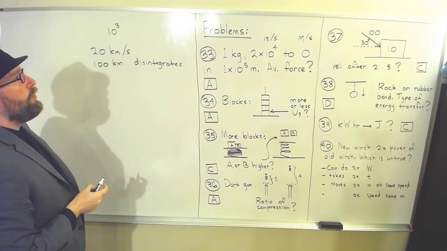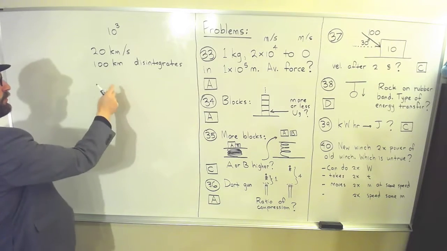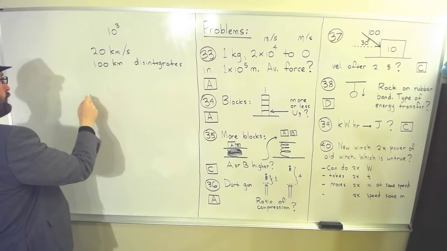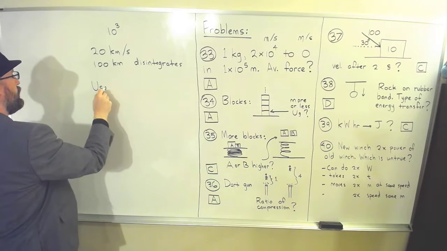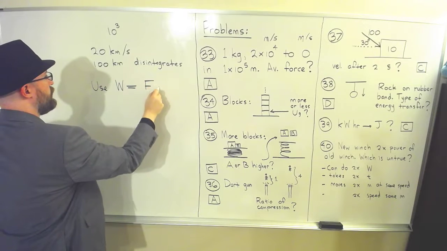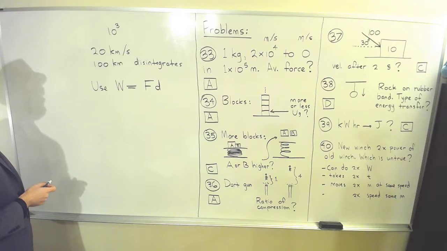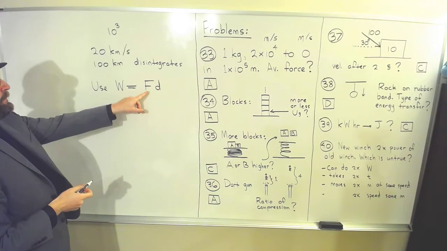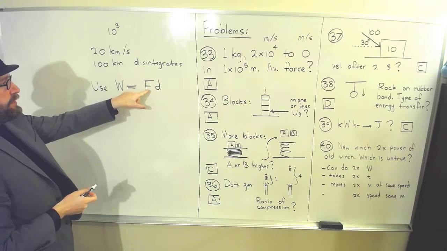Now, we're being asked for an average force that's being exerted by the atmosphere. So we're going to want to use that work equals force times distance, and we're going to find the force by finding the acceleration.